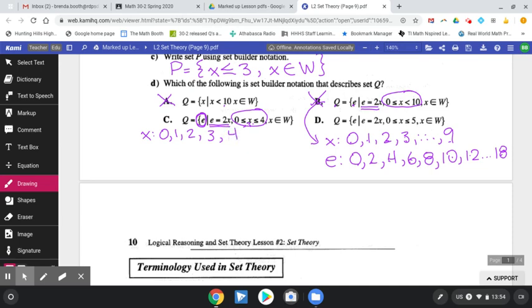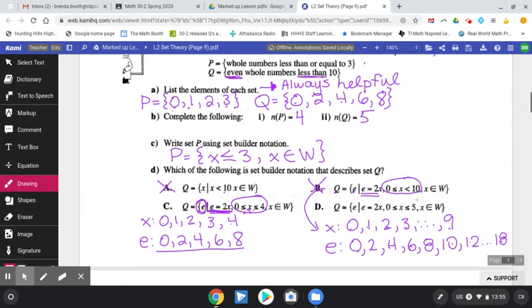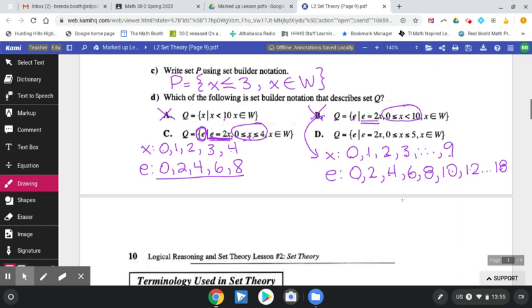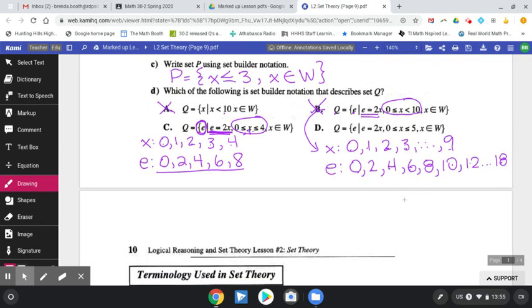All right, so now we're going to go on and look at E. E is equal to 2 times X. So we take every one of these X's and multiply by 2. So here's all the E's. And if I compare that up at the top to set Q, 0, 2, 4, 6, 8, I see that's exactly what I have here.